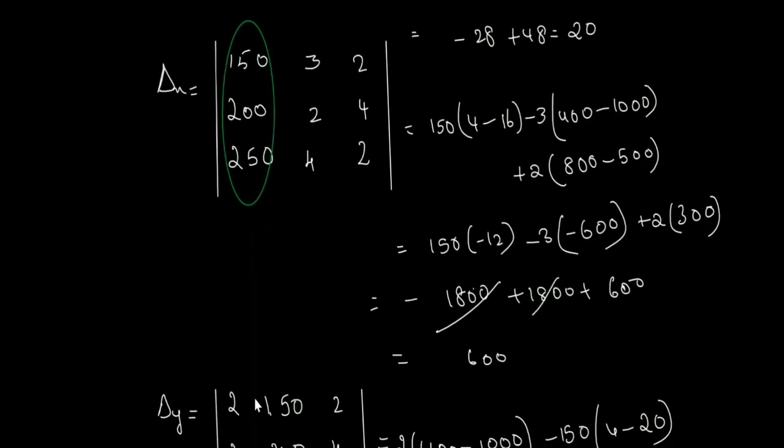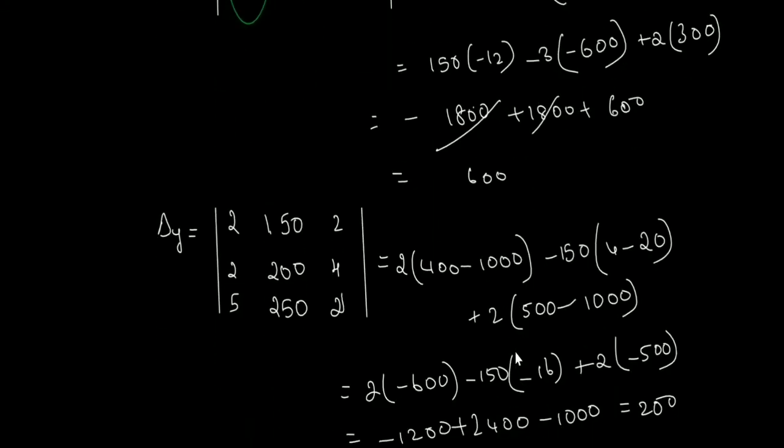So 150 into 4 minus 16 is minus 12. 400 minus 1000 is minus 600. 800 minus 500 is 300. So 150 into minus 12 minus 3 into minus 600 plus 2 into 300. 150 into minus 12 is minus 1800, minus 3 into minus 600 is 1800, plus 600. So you will get 600.